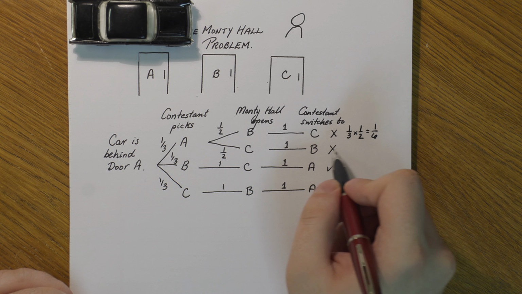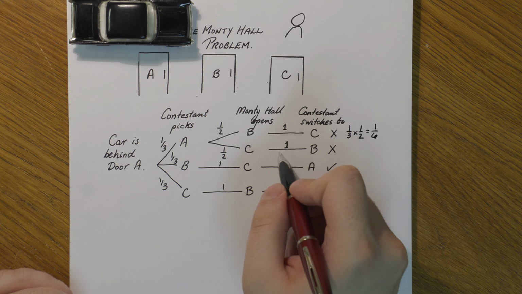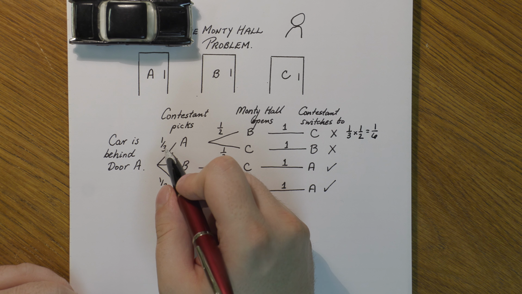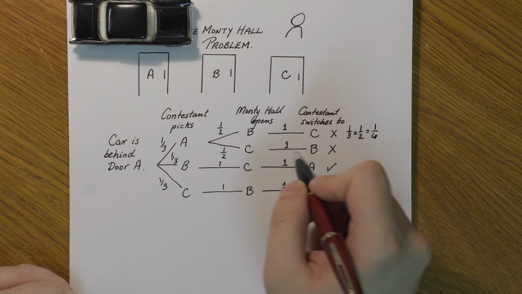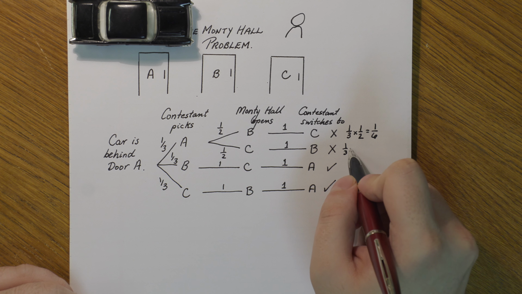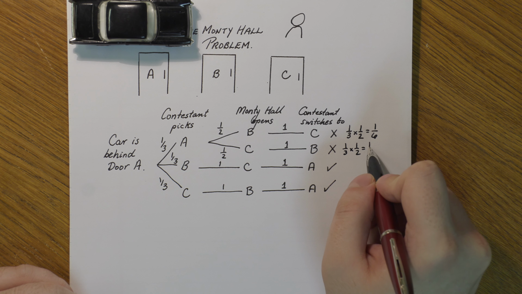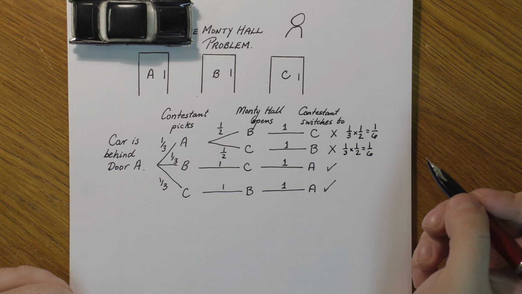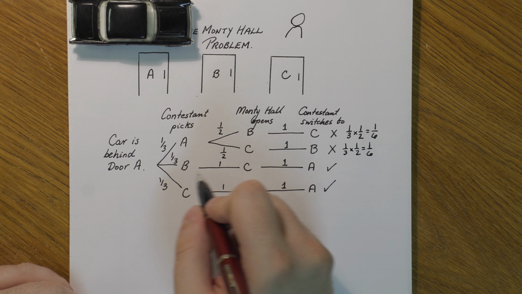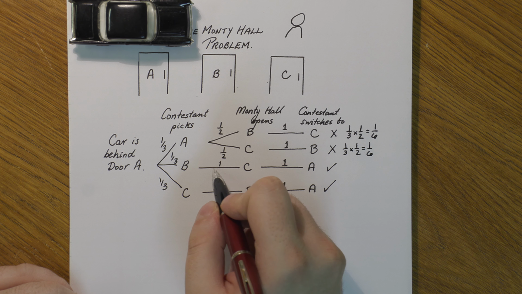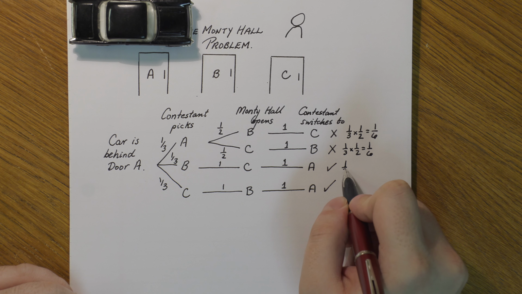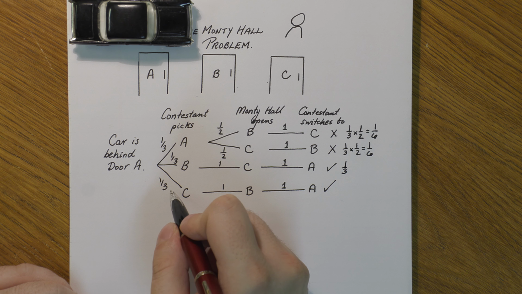And similarly for this outcome, where the contestant switches to B, that's the probability 1/3 multiplied by 1/2 multiplied by 1. So I have 1/3 multiplied by 1/2 equals 1/6. Now for this one, it's 1/3 multiplied by 1 multiplied by 1. So that's just 1/3. And right here, this is 1/3, 1, 1, so I'm just left with 1/3 here.